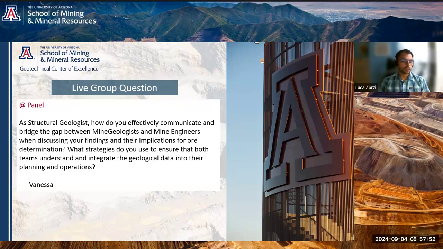One of the things is to have a direct line of constant communication with the mine geologist and mine engineer to work out what they're looking for. By knowing what they're looking for and what they're using your information for, that also drives the way the information, the model, the interpretation, the theories that you're coming up with are tailored and communicated, so that the end user or stakeholder will understand it.